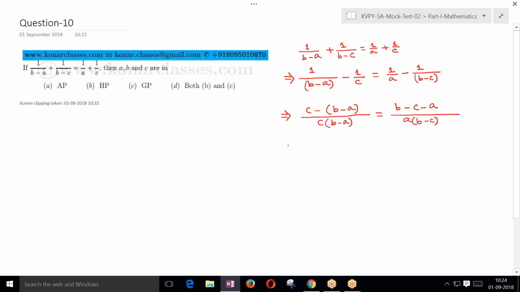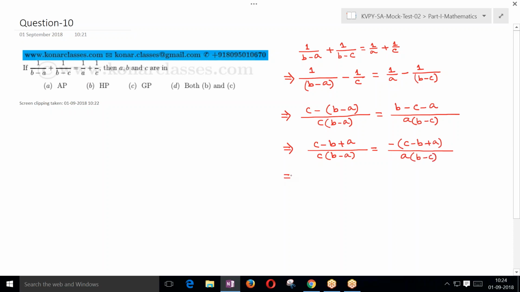If we simplify here, we get c minus b plus a divided by c into b minus a is equal to minus of c minus b plus a divided by a into b minus c.